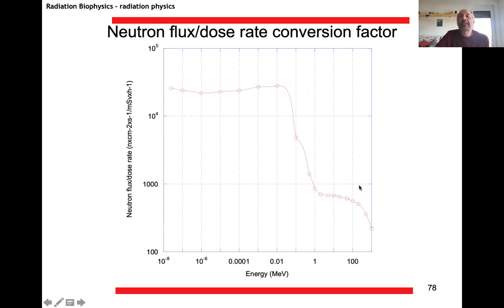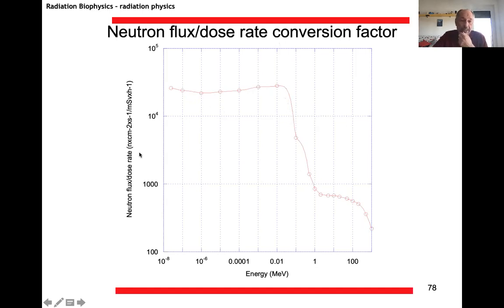Now, it is important to realize that the neutron interacts with protons. The protons release the energy. The event is not as common as the stopping power of charged particles, because now we are talking about nuclear interactions, not electron interactions. So the neutron flux dose rate conversion factor is given by these curves. It's not easy to derive.